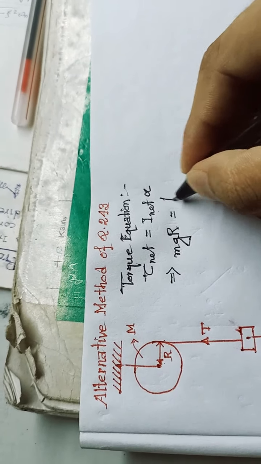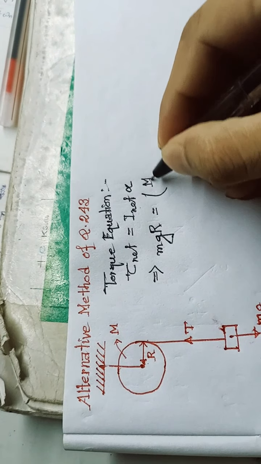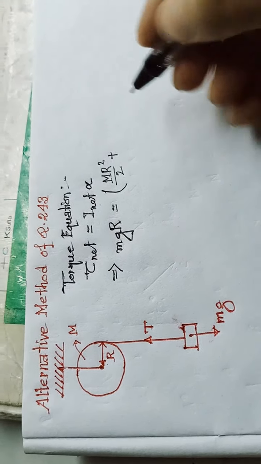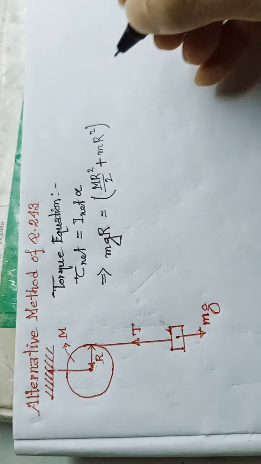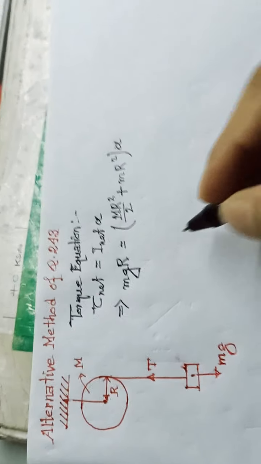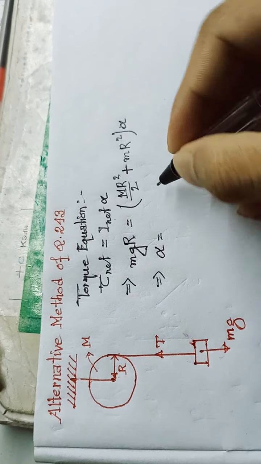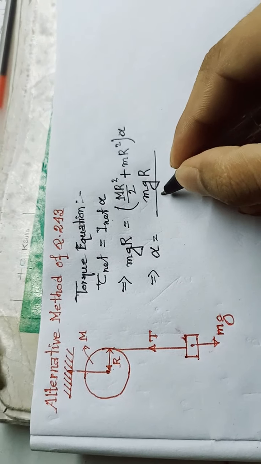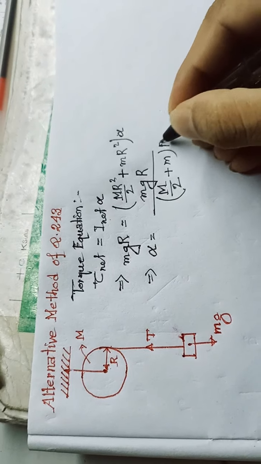Now we see that the moment of inertia for this cylinder equals M r square divided by 2, and the moment of inertia for the small mass is small m r square, and its angular acceleration is alpha. If we equate this, we get alpha equal to mgr divided by (capital M divided by 2 plus small m) multiplied by r square.